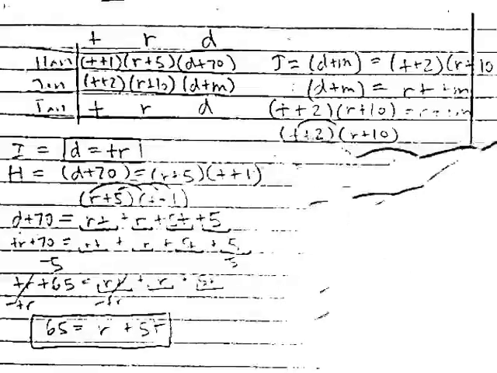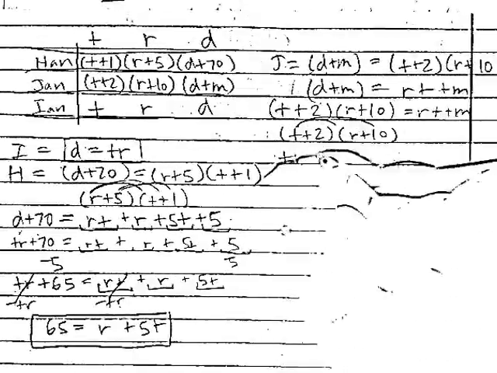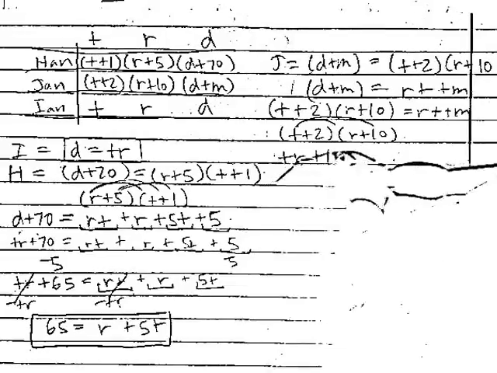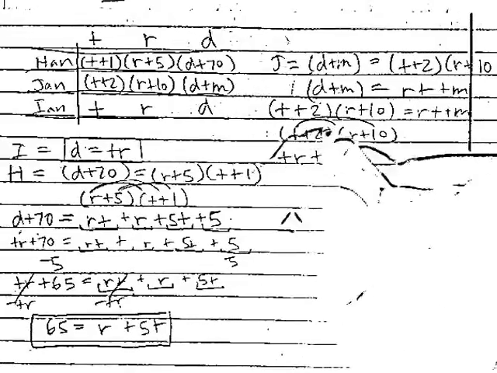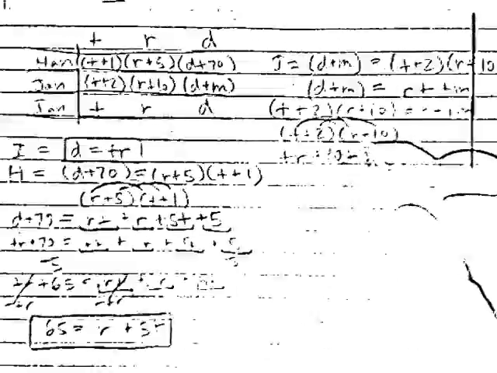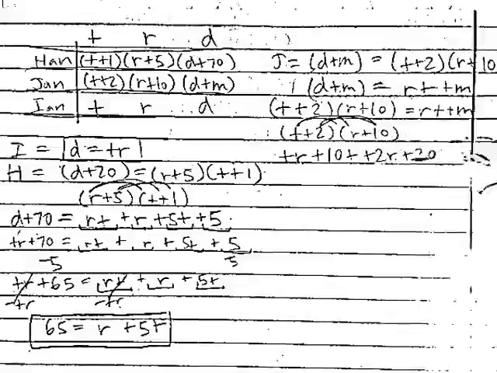So first is tr, outer plus 10t, inner plus 2r, and last plus 20.